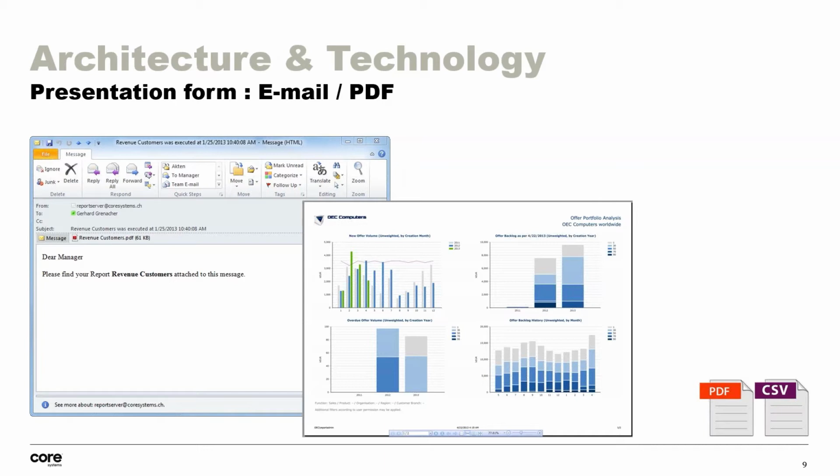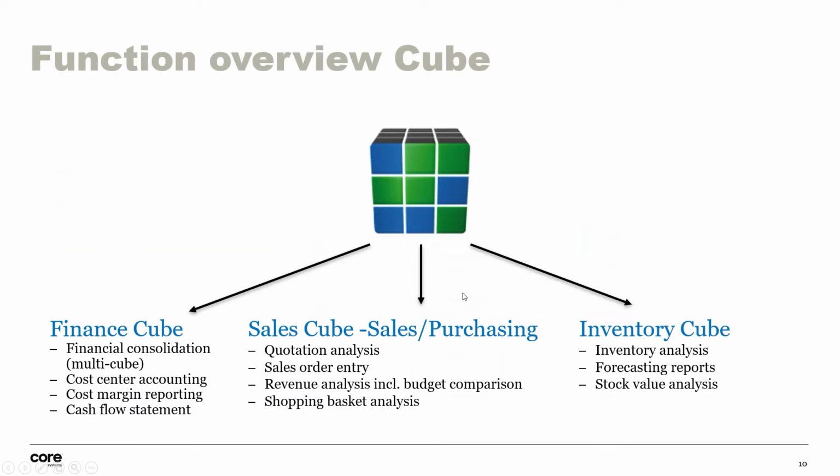So this would be also a possibility how to handle it. You can see it in this slide. And that's about the presentation forms. We will see in the examples every time the Excel presentation form, because that's how we will work also to create a report together.